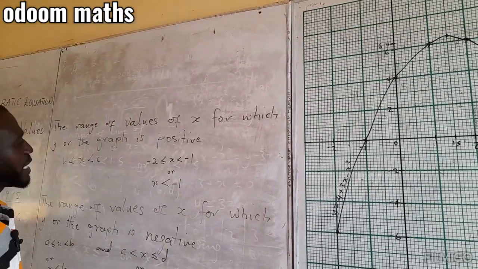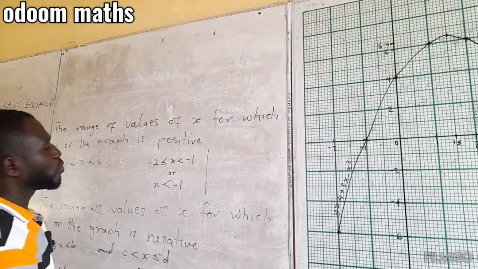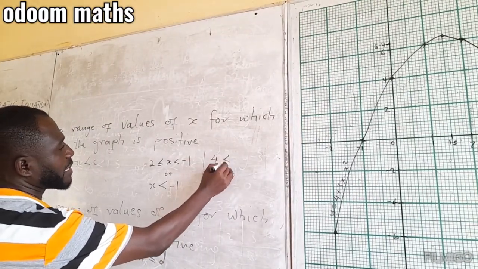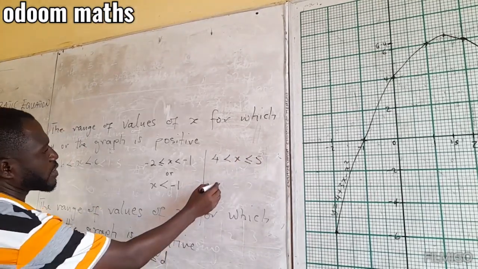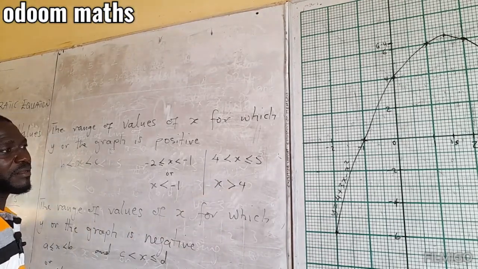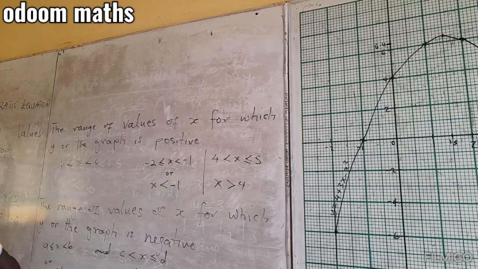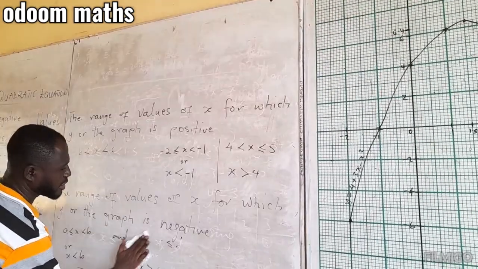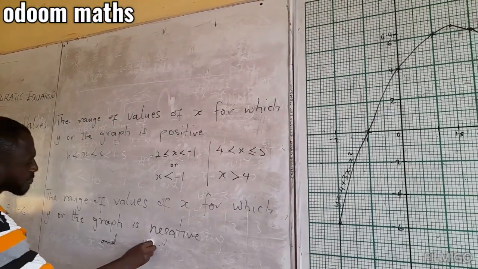And then when you go to the other side, because this is supposed to be two answers because there are two pieces, the other one is also 4 less than x less or equal to 5, or we say that x values that are greater than 4 also make the graph negative.